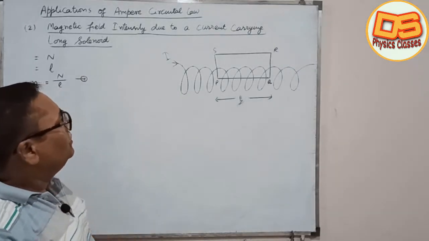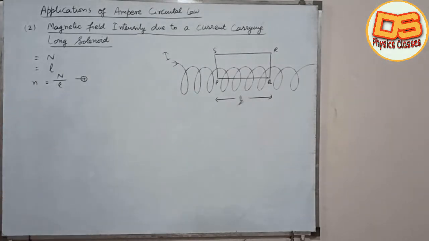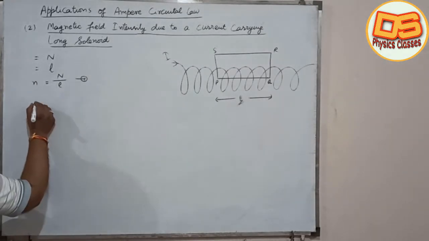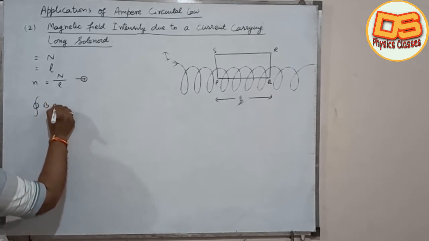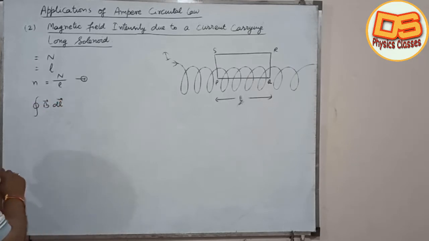Then from the LHS of Ampere's circuital law, for this closed loop, closed integral of B dot dl. Clear?